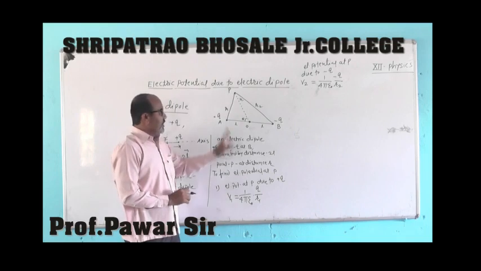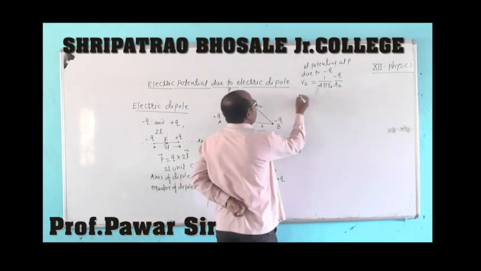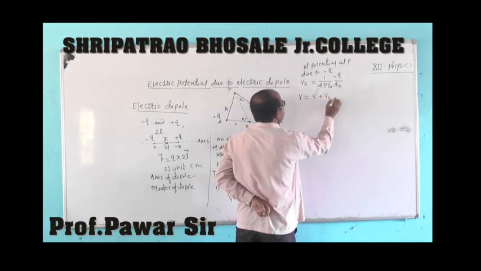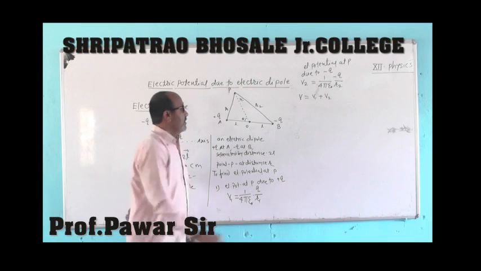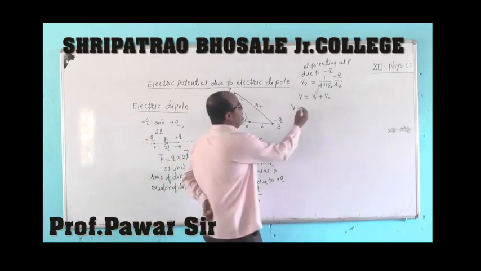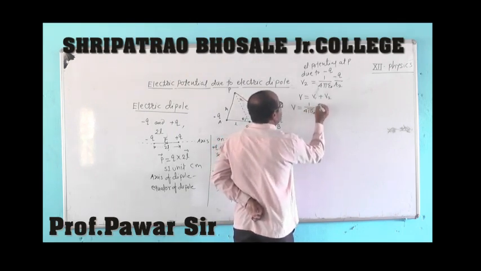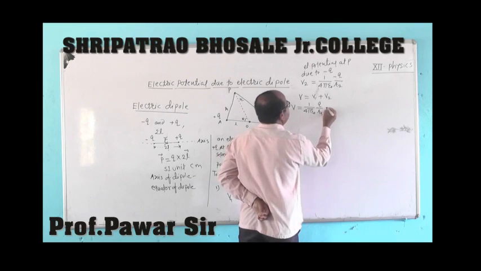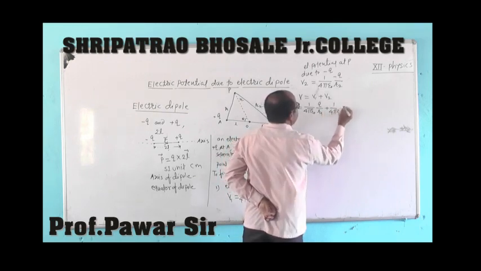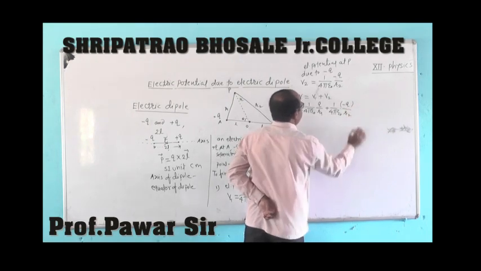Thus we can find total electric potential due to both charges. So V is equal to V1 plus V2. V is equal to 1 upon 4 pi epsilon 0 q divided by r1 plus 1 upon 4 pi epsilon 0 minus q divided by r2.